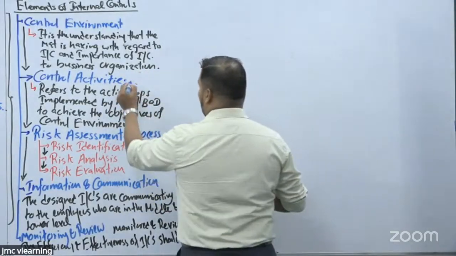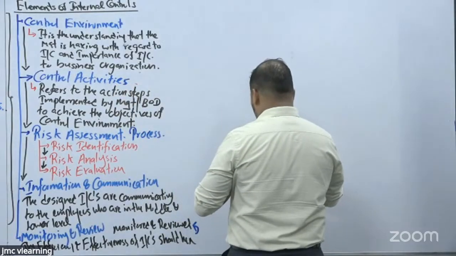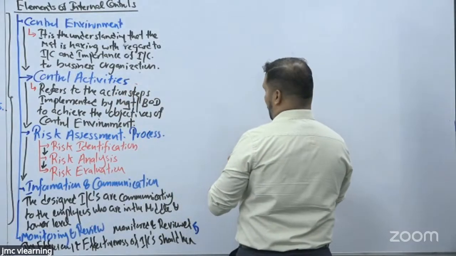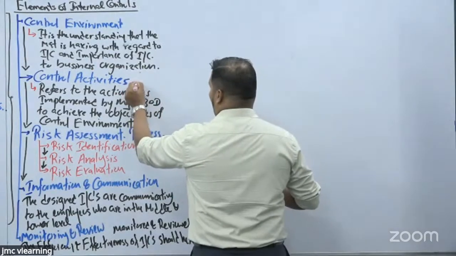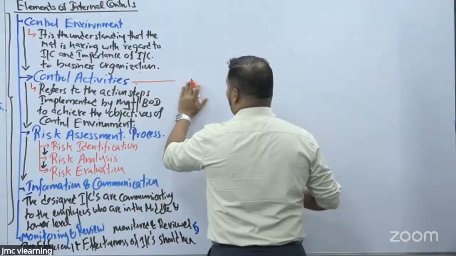So what are those 8 categories? Those are referred to as SPAMSOAP.